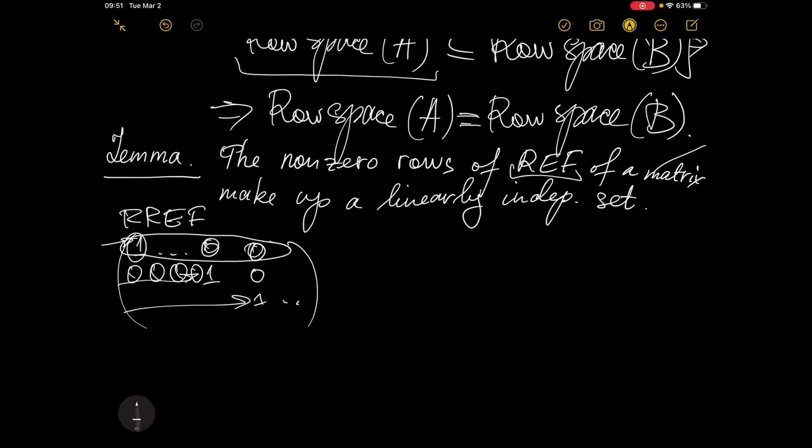I was just wondering, for reduced row echelon form, there can be more than one per row. So even if that happens, it's still linearly independent, correct? Could you repeat, please? More than one what?